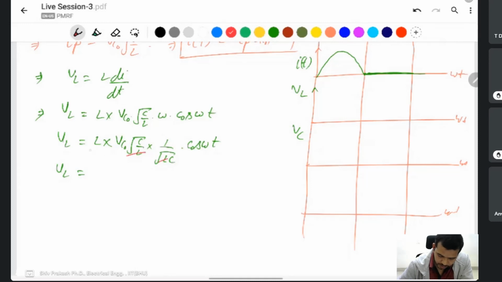The L squared and C also cancel out. Then the final inductor voltage is VC naught cos omega t.